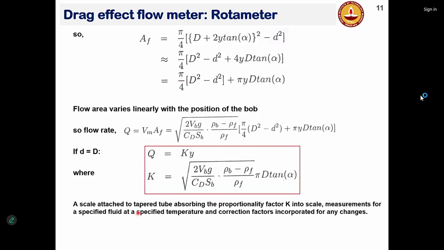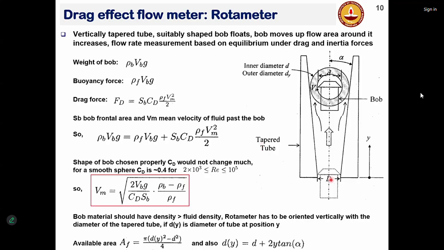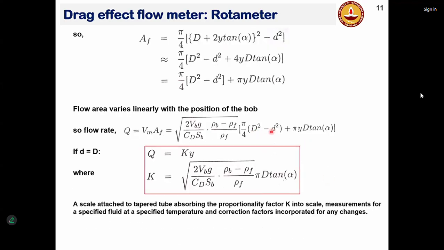And this k is dependent on all the parameters here except, so this term goes because you can design the bob diameter and the tube diameter at the bottom to be equal. So they vanish. So you have the remaining terms, and the remaining terms are basically k, which is 2 into VBG CDSB, this term here, into pi d tan alpha.